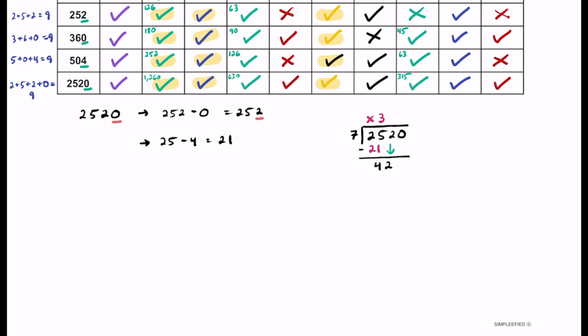Now 7 into 42 is going to be 6, so 6 times 7 is going to be exactly 42, and if you subtract, you're left with 0, and if you bring down this last 0, you're going to notice that we have 7 into 0, and 7 fits into 0 zero times. 0 times 7 is 0, and you notice that we have a remainder of 0. So it turns out that 360 times 7 does get you 2,520.